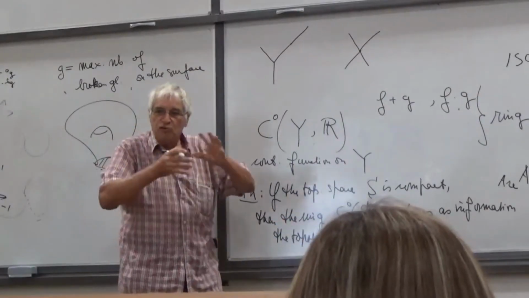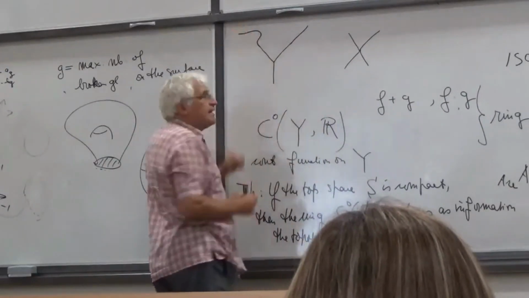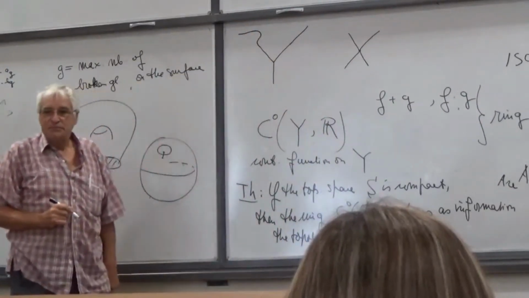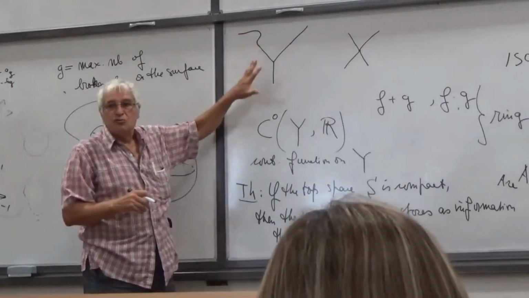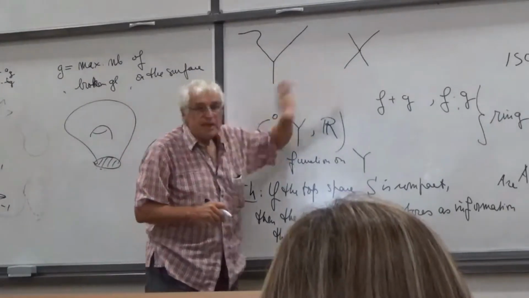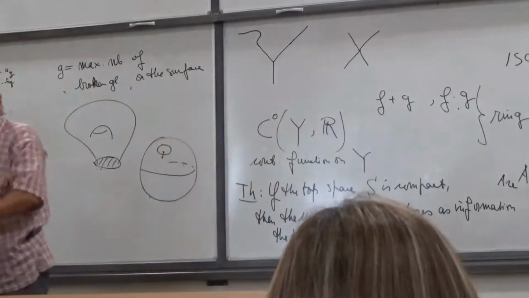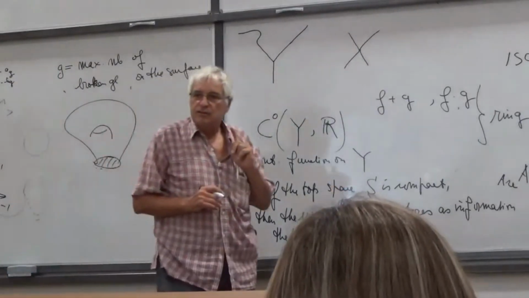You do not know about the shape. If this Y is in the plane like this, you do not see which one is longer. But the ring stores the topology.